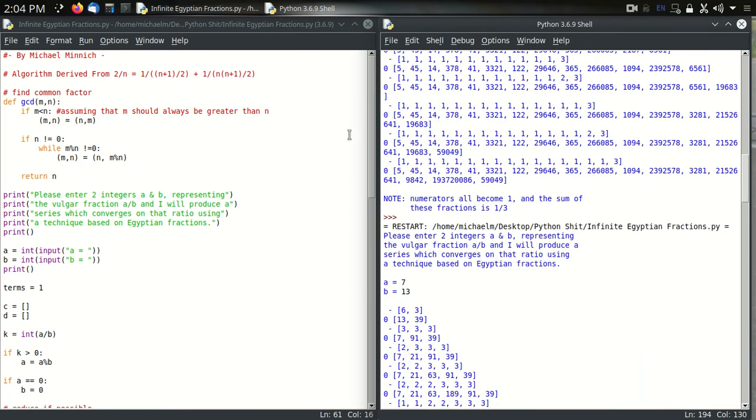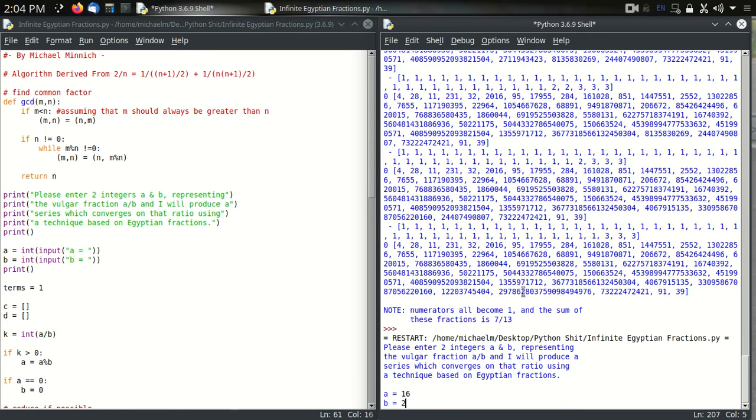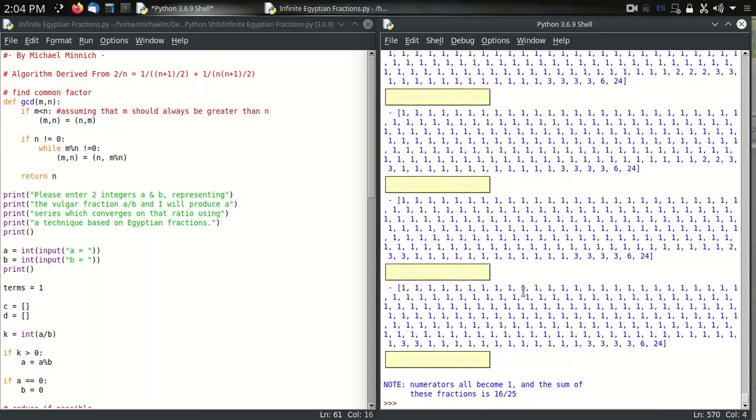Yeah. And then let's do some actually. This might break it. It might just panic. Some fairly sizable numbers. I think even just double digit stuff like 16 on 25. Yeah, it's panicking. It's like, I'm not going to display all of that. But yeah, you can see, ooh, we get this pocket of 1s here with 2s and 3s occurring.